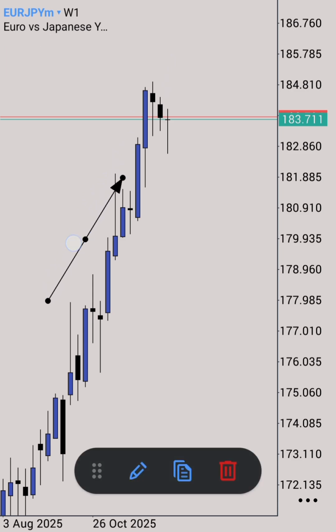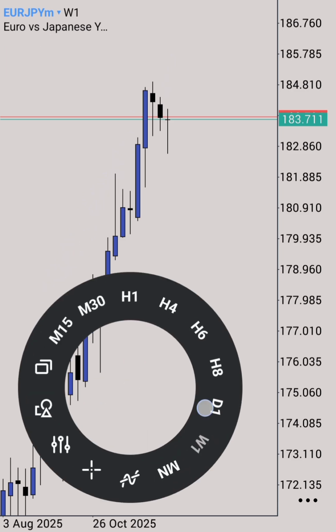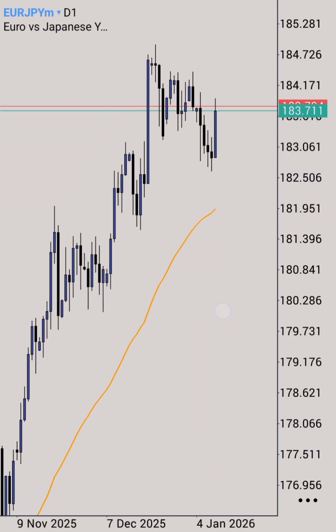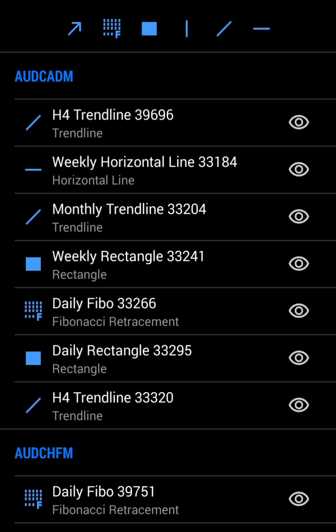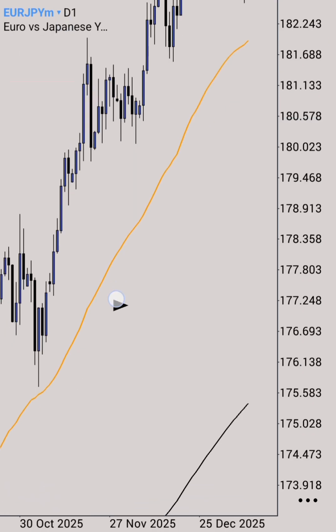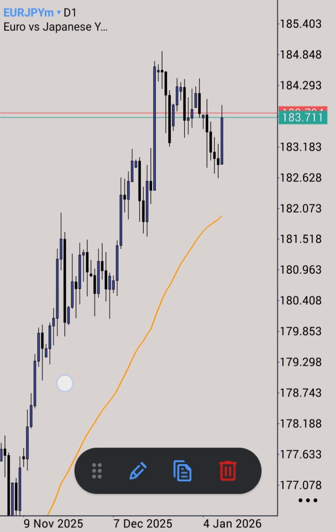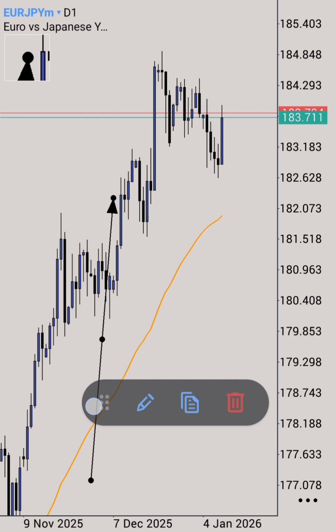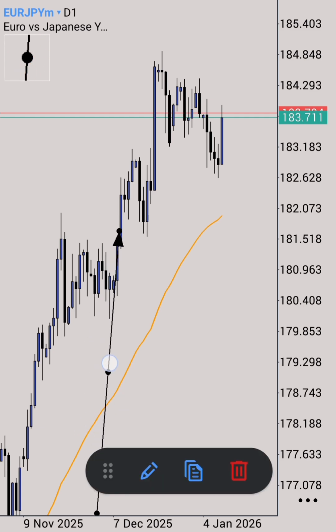But then let's go to the lower time frame. Now going to the daily, we could clearly see that the market is giving us a series of higher highs and higher lows, right? The market is giving us a series of impulsive moves to the upside, the higher low, impulsive move to the upside, the higher low.